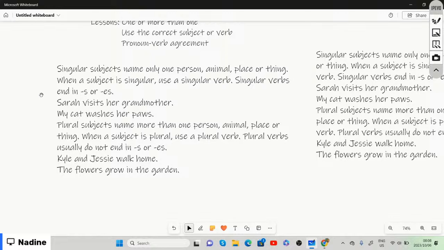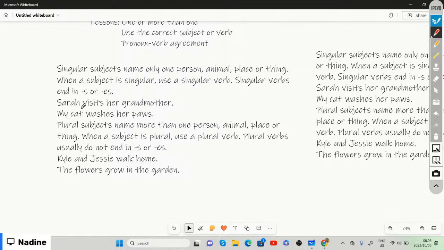An example is, Sarah visits her grandmother. Sarah is, of course, a singular subject, one person, which means that we're going to have a singular verb.